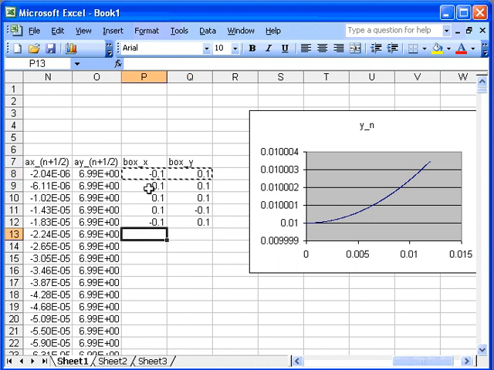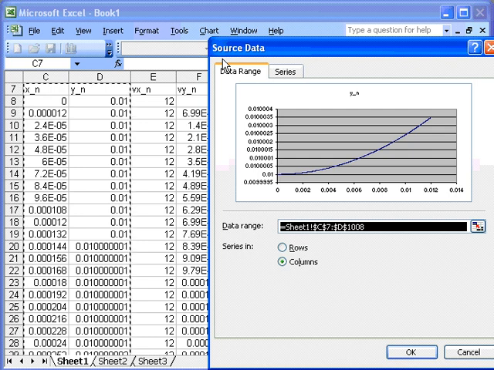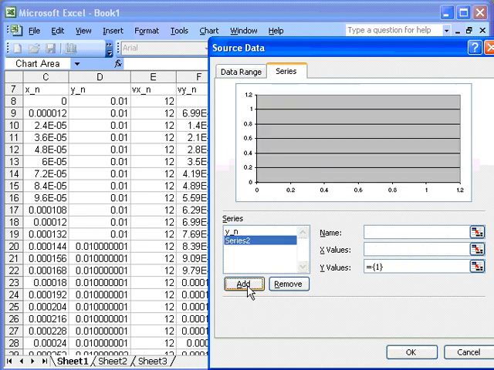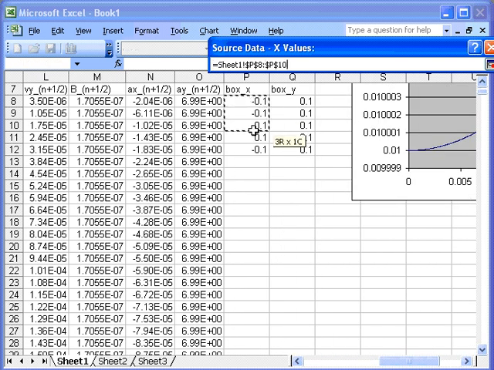Okay, so now I'm going to hit Escape to make those dotted lines go away. I'm going to add some data to this, source data, series. I'm going to try to add a series. I call it the box. And the x values, I'll just select them. Hit Enter.